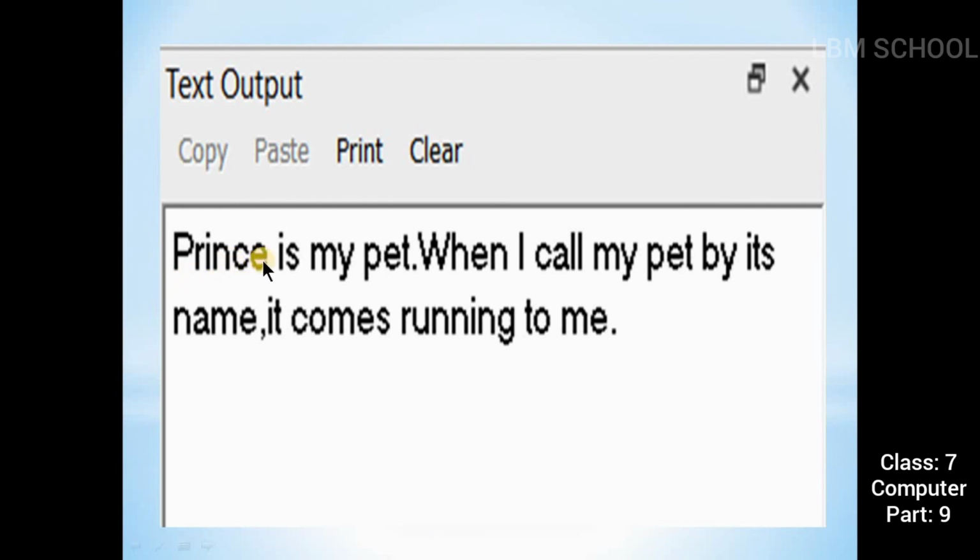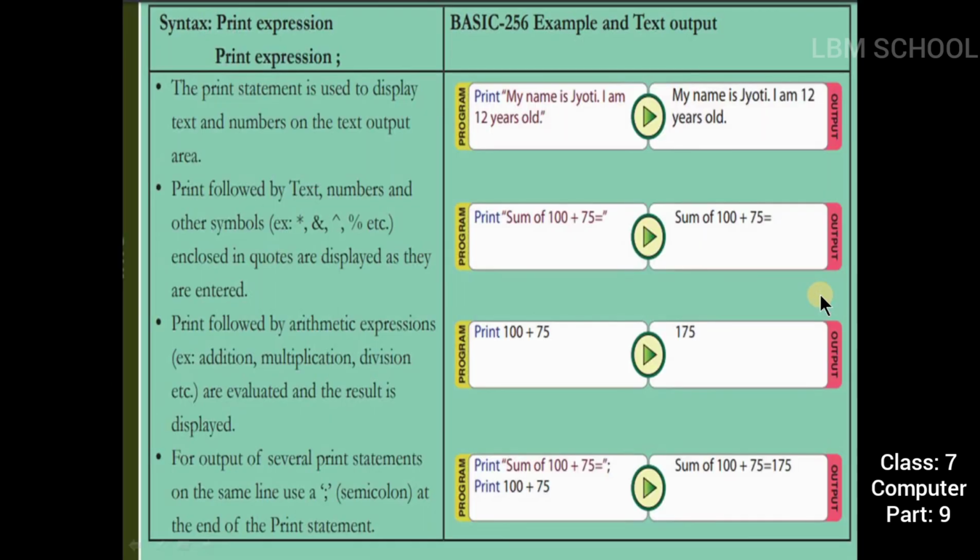Okay, children, write some of the points I have told before for these programs. My name is Jyoti. I am 12 years old. It is outputted as such. The print statement is used for what? To display text and numbers on the text output area.